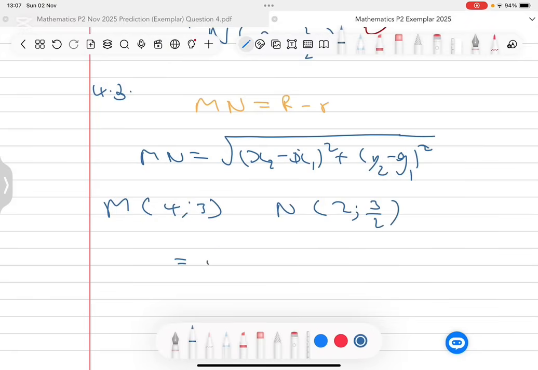So this means we are going to have 2 minus 4 squared plus 3 over 2 minus 3 squared.